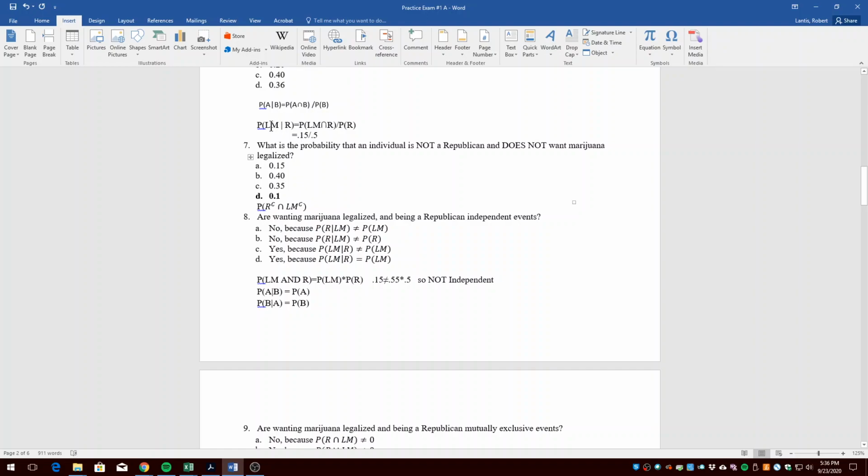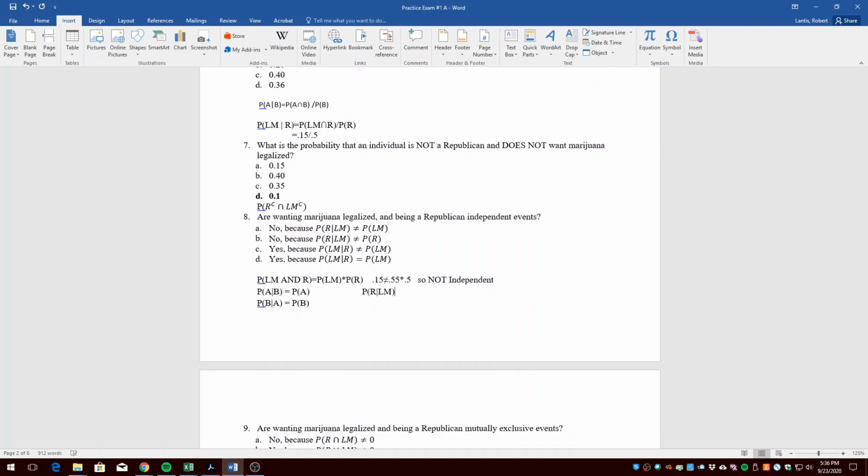We already had that up here to find that conditional probability of LM and R, but now we're going to find the conditional probability of R given LM. So it'll just be the intersection of those two events. Actually, sorry, I wrote these backwards. R given LM is what we wanted to check.